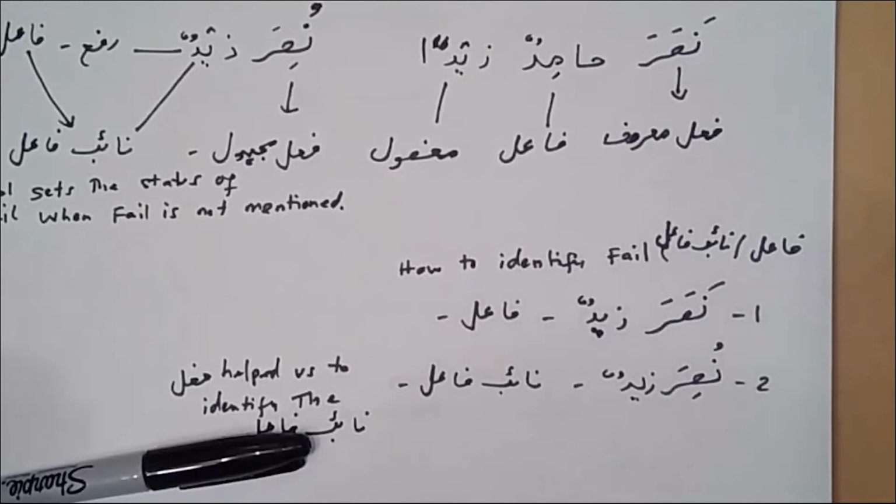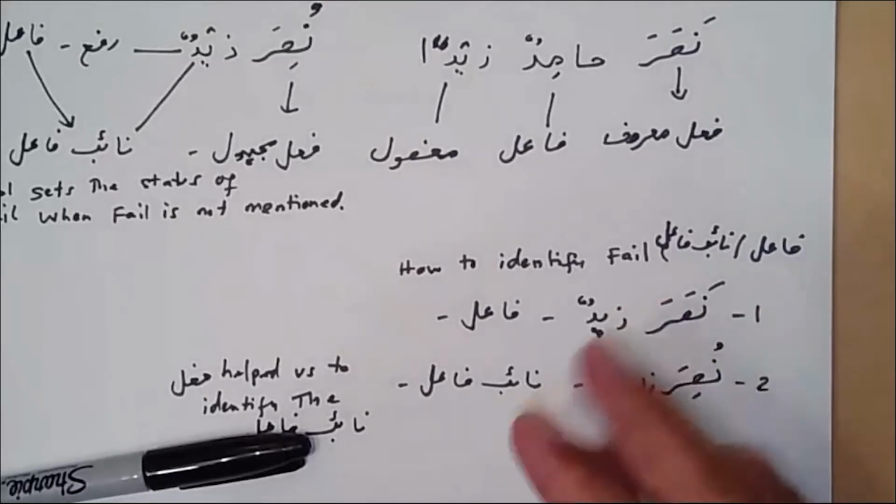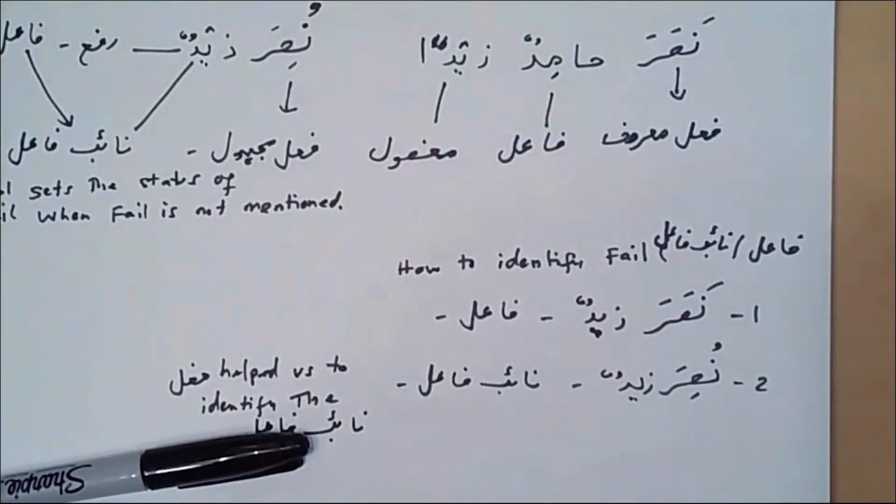If I say a robbery happened in the neighborhood, we still don't know who did it. We'd have to do an investigation to find out who actually did the robbery. We say, the house was robbed. In that example, the file is not known. We don't know yet who the file is.